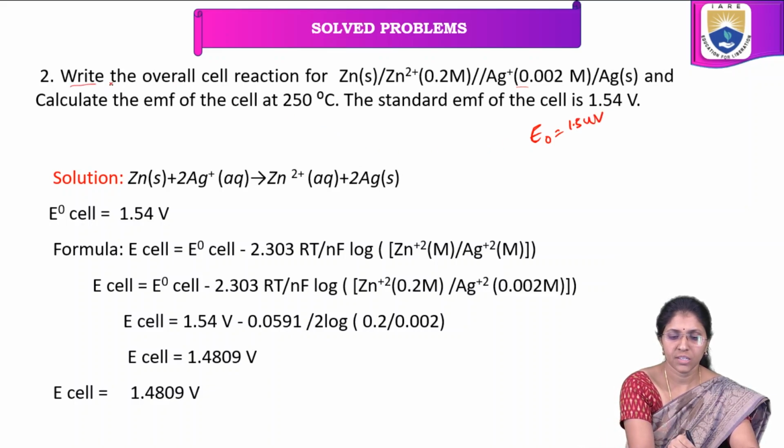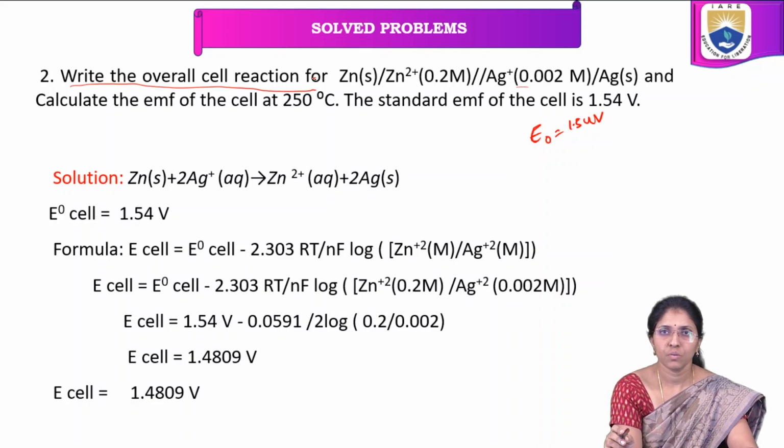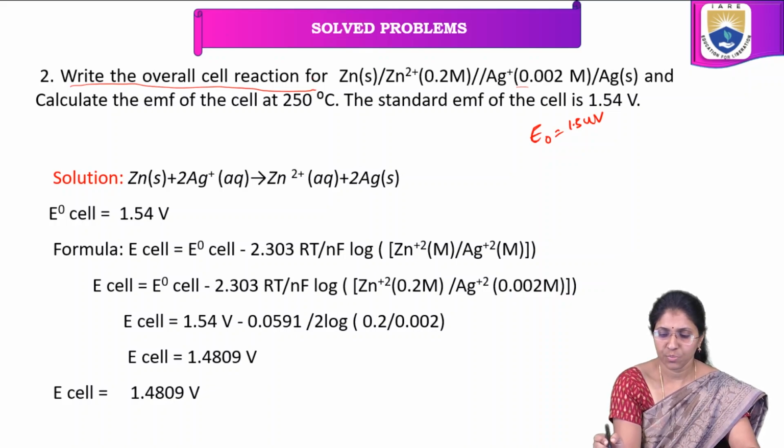First we have to write the overall reaction for this problem. In the galvanic cell representation, the first one is the anode and the second one is the cathode.